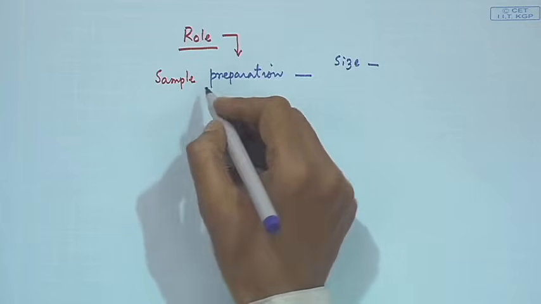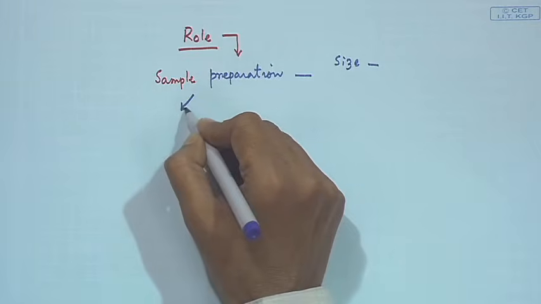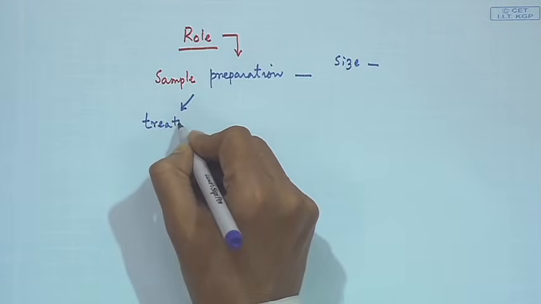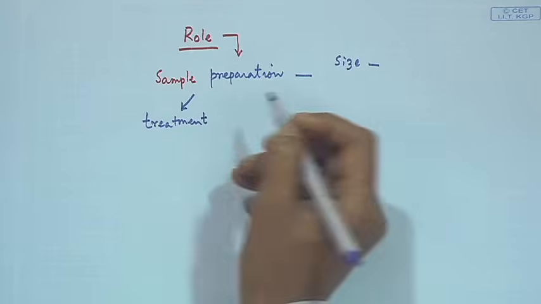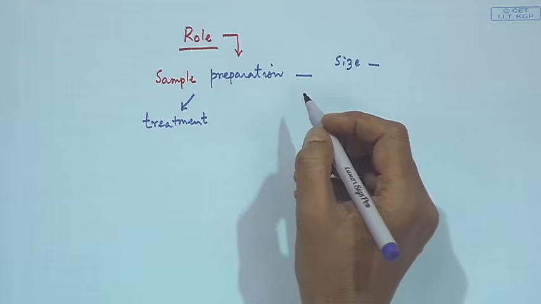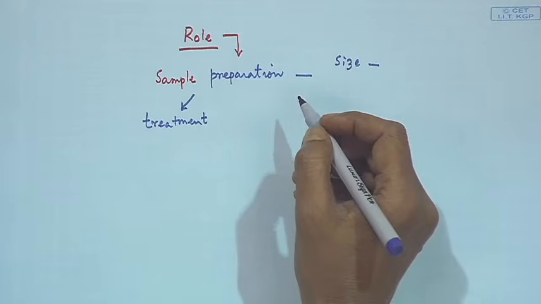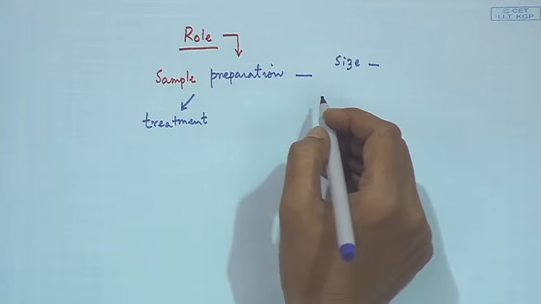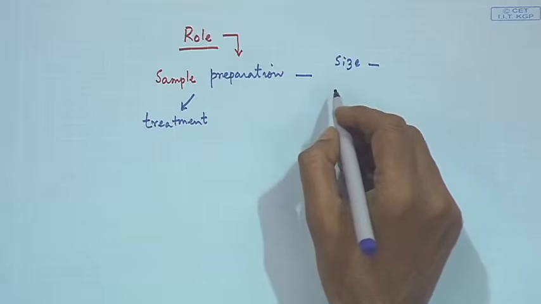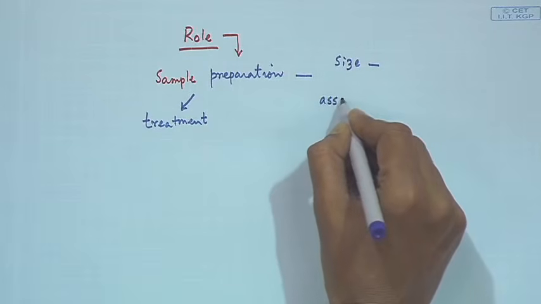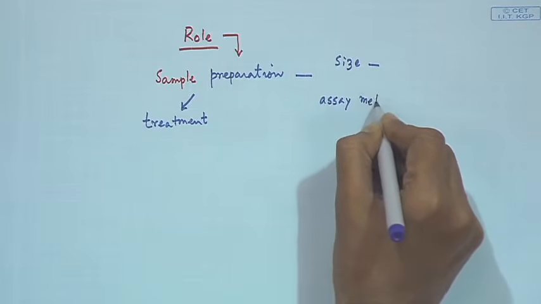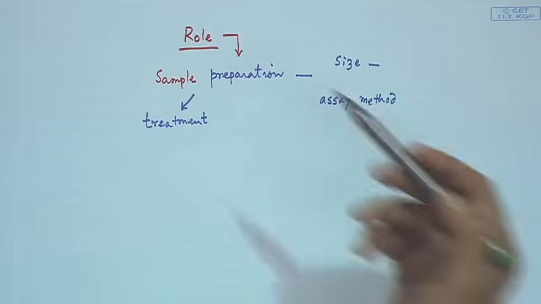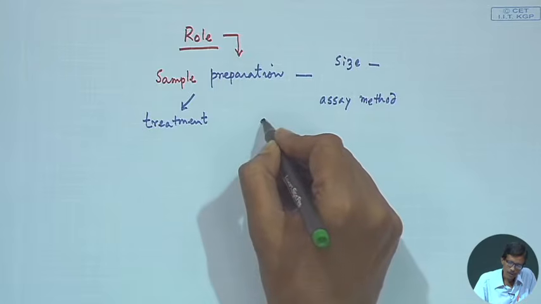So, this sample preparation should be associated with something which is known as treatment, or sometimes pre-treatment. How we can utilize the knowledge of chemistry for the development of a particular assay, or the assay method we call, because these are the most tedious processes.